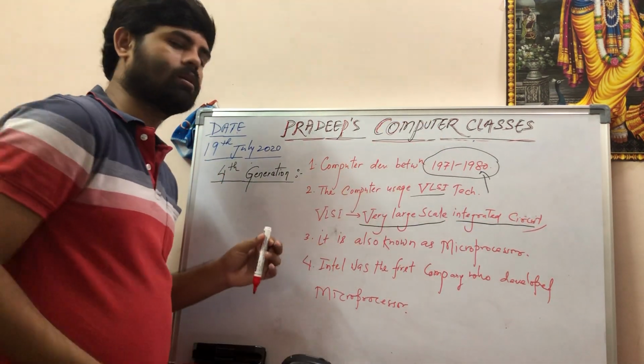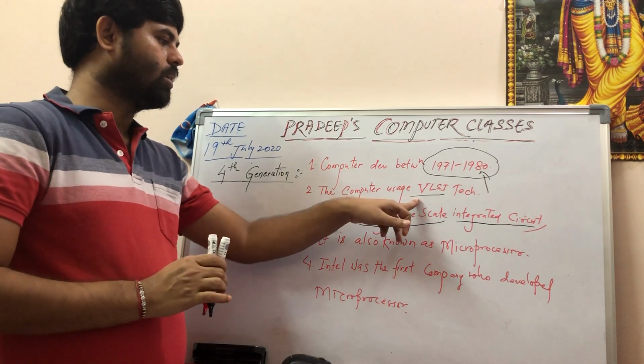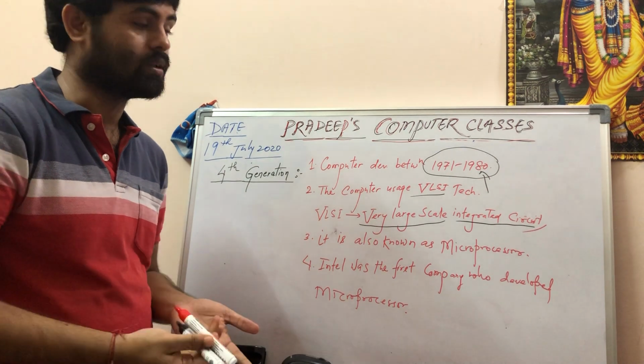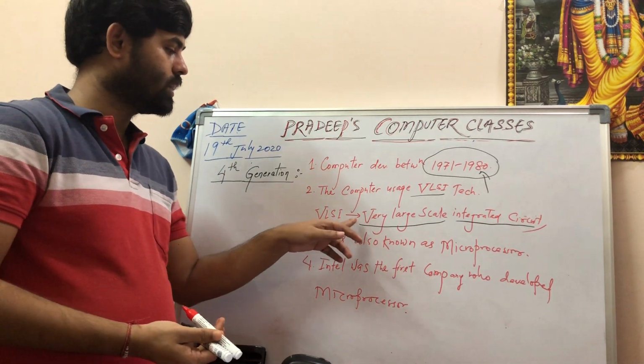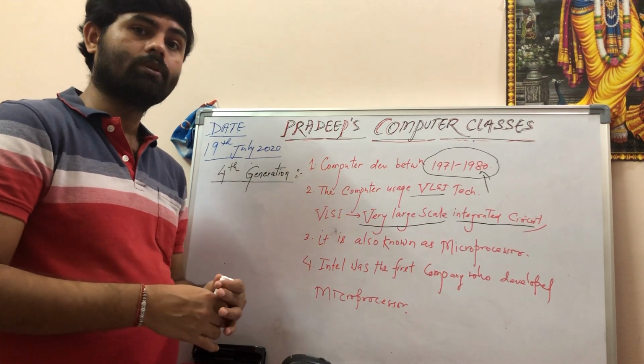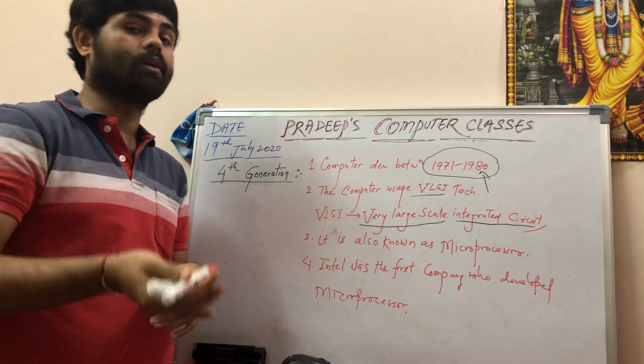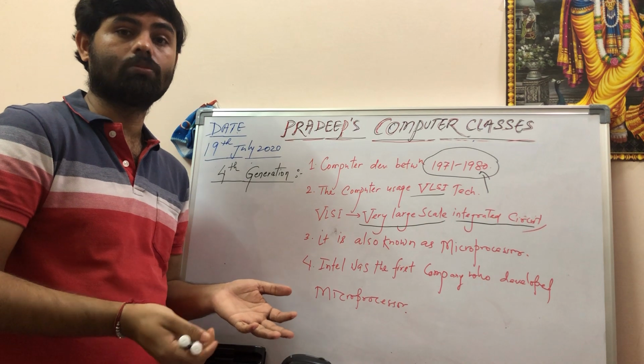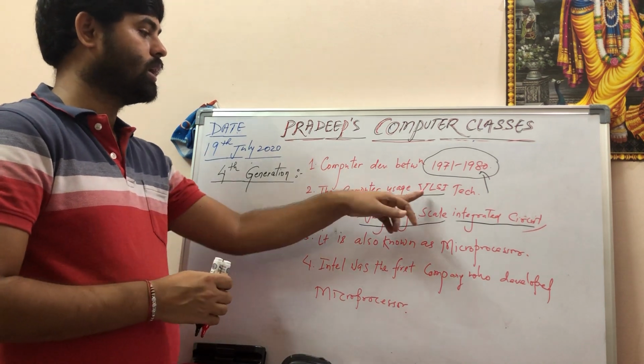Very large scale. You can think of, when I say IC, an IC consists of thousands and thousands of circuits, and I am saying VLSI means very large scale. That means it was larger than the IC. So much of circuit has been added in the VLSI.